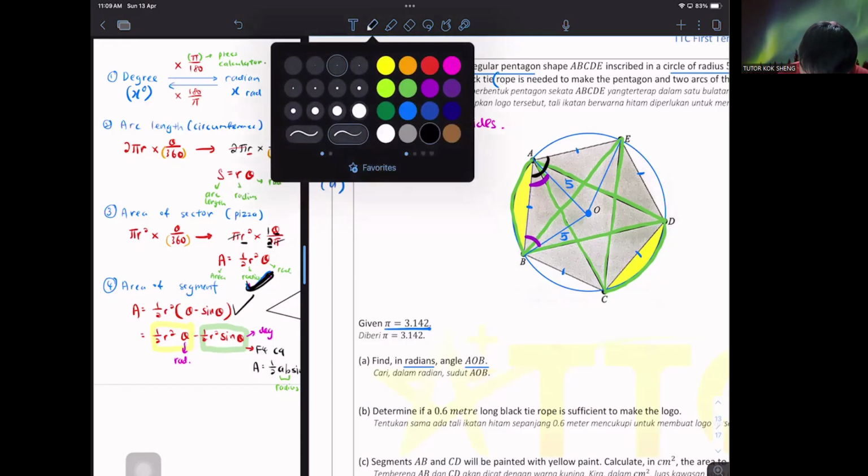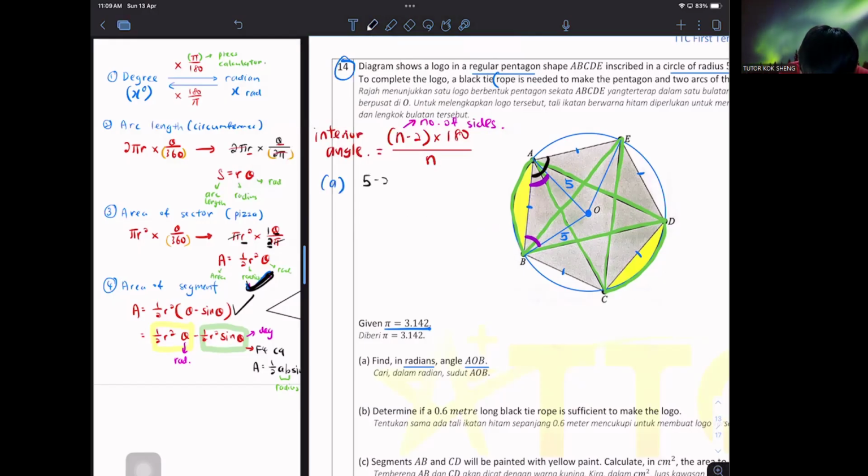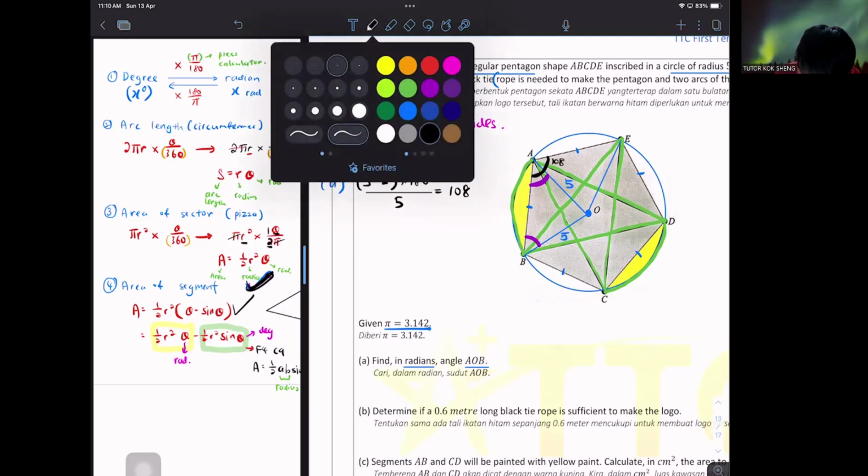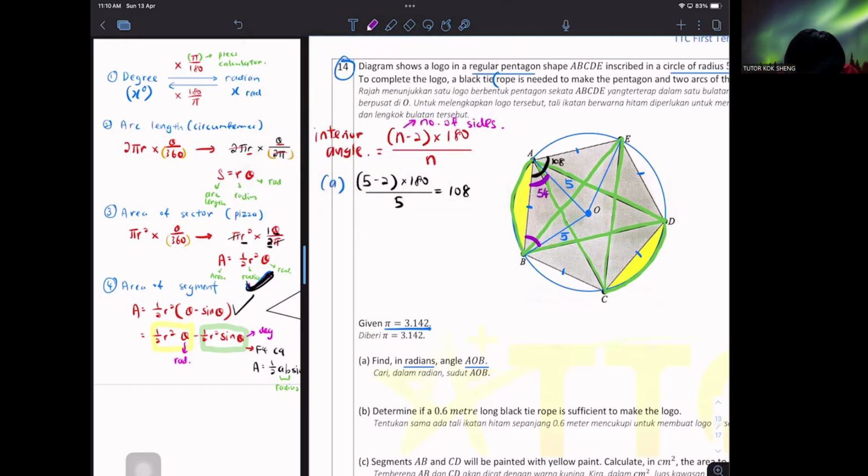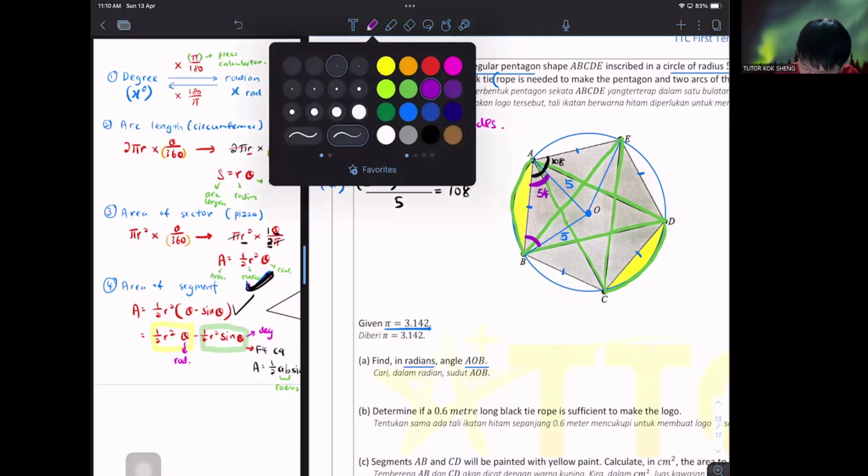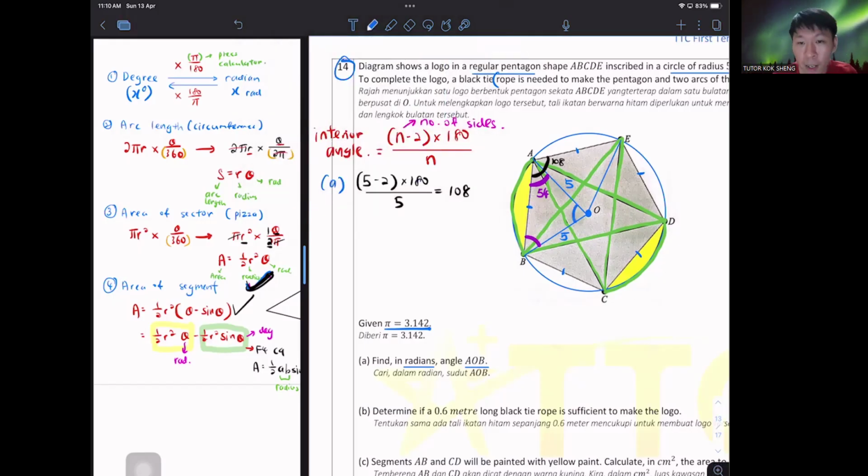Okay. So your total five sides here for pentagon, divided by five. So interior angle 108. So here is 108. After we cut to half, 54. Yes, 54. So we can find the angle here already, because 54 also, bottom here.